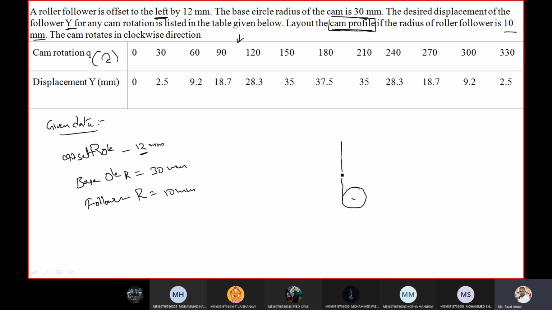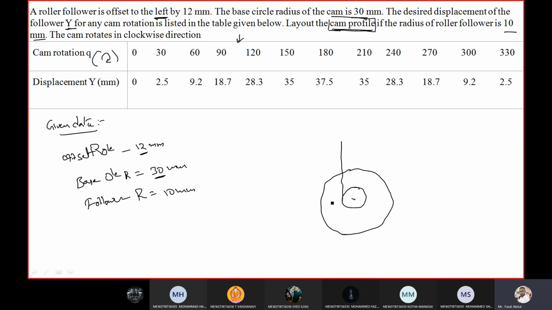Now after drawing the offset tangent line, measure the 30 mm radius with the compass and draw another circle.